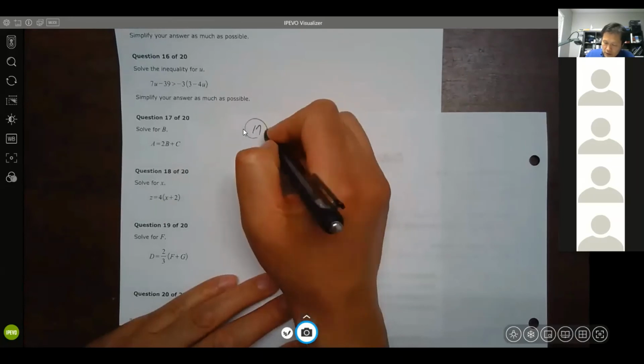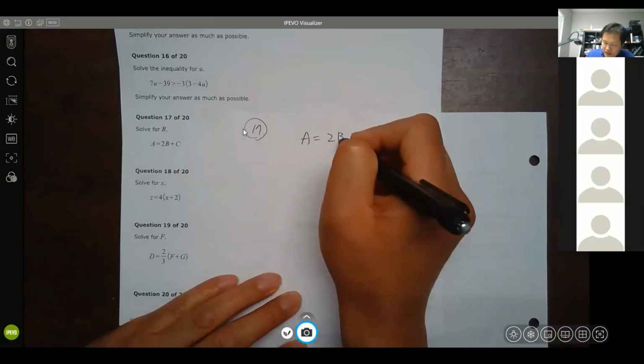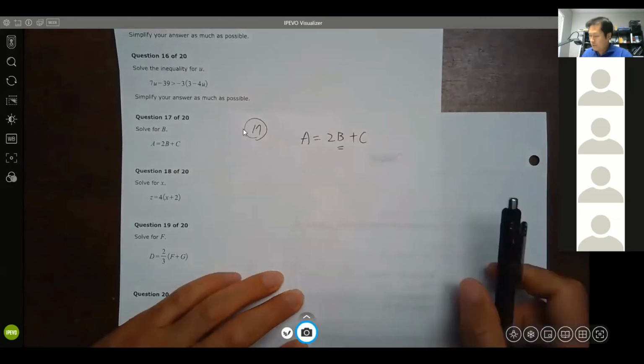Okay, 17: a equals 2b plus c. Solve for b.